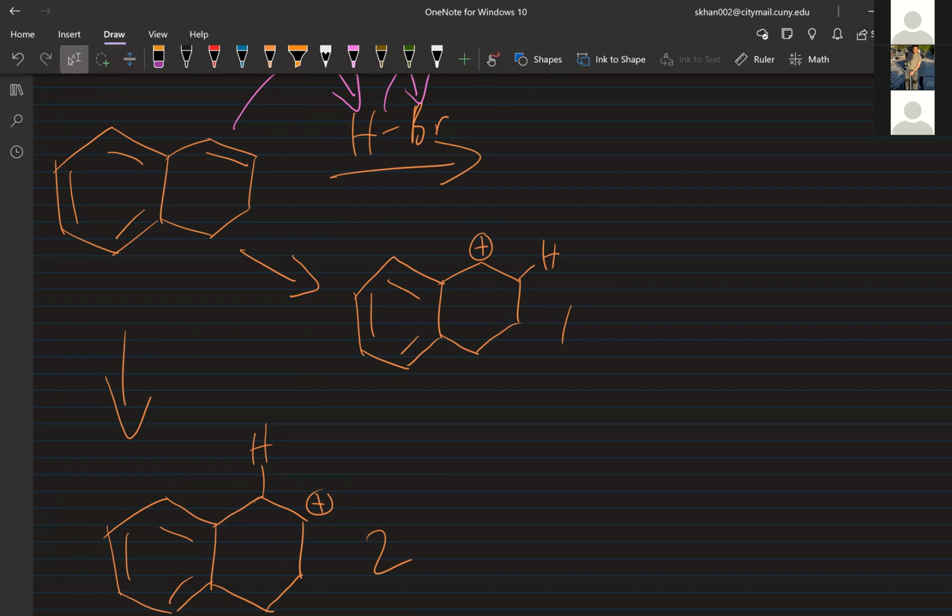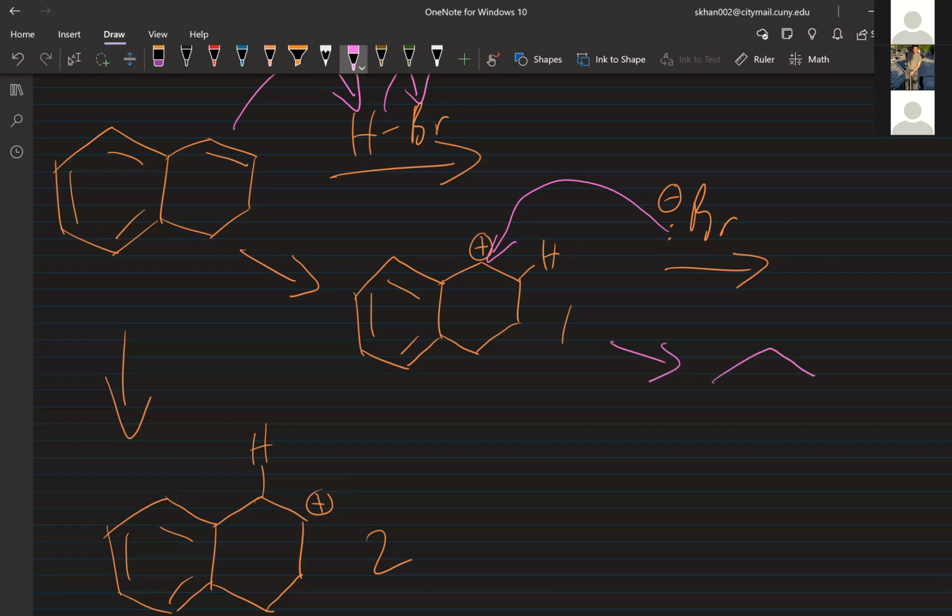So in this case, we go through pathway 1. Br minus is going to come in and attach there, and you only get one product, which should be this one, Br.